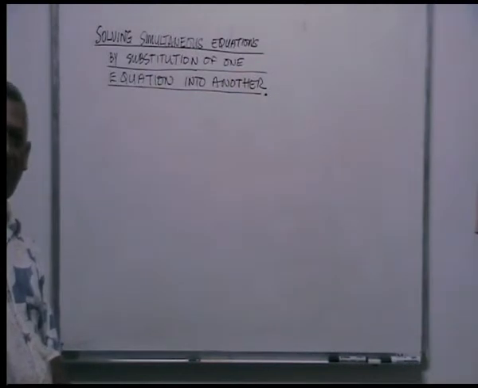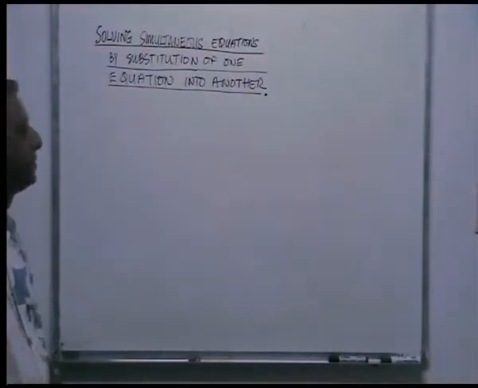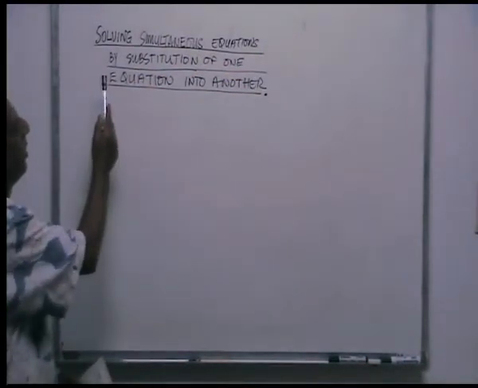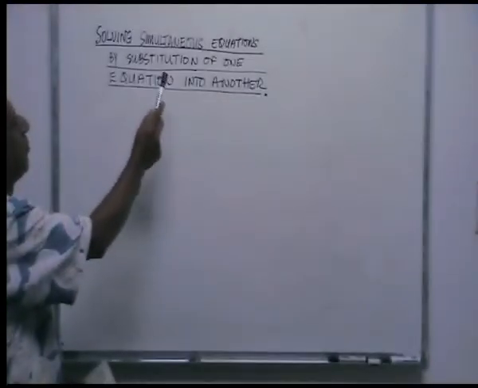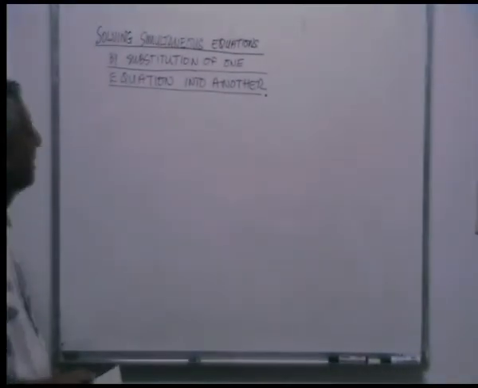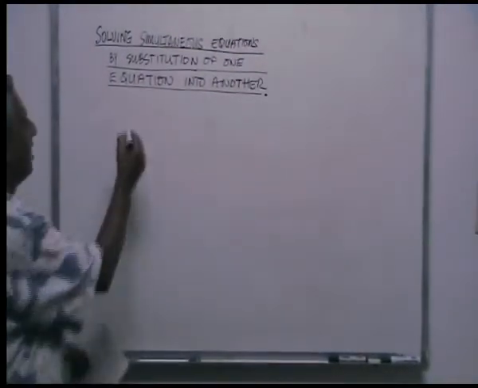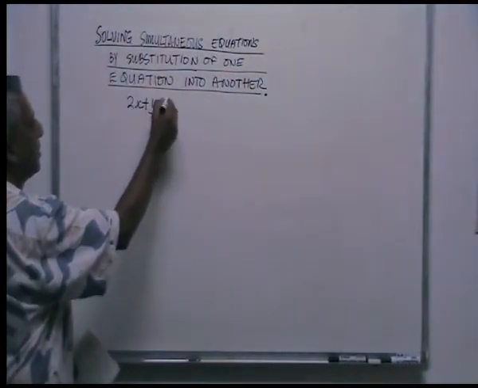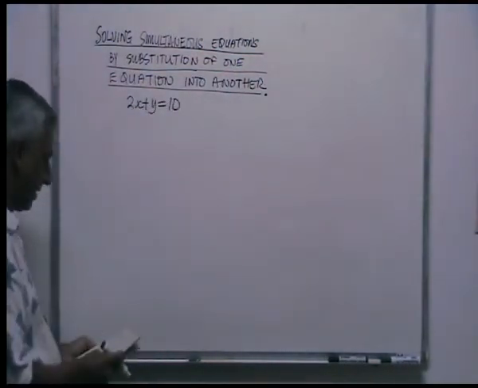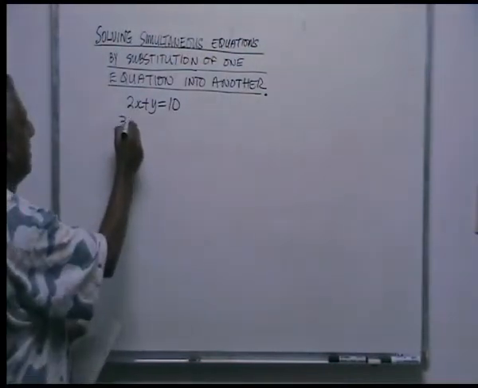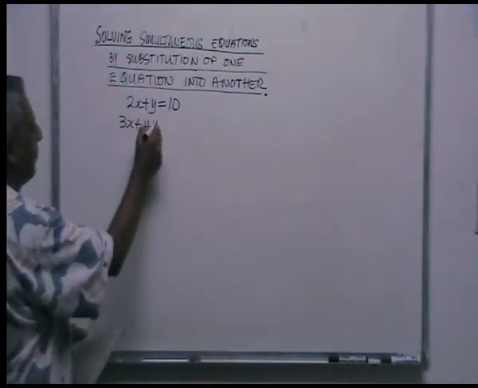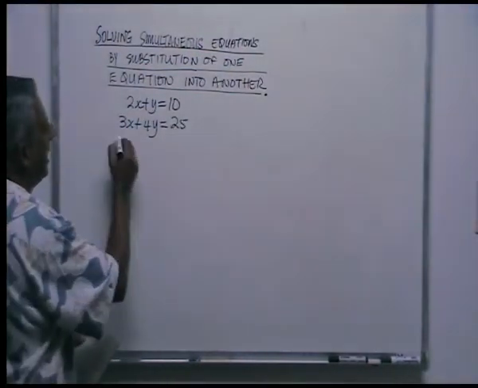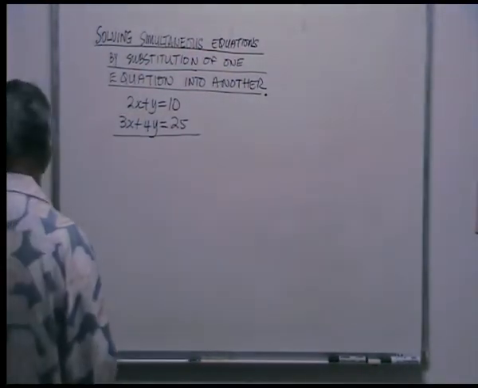Hello and welcome back. As we promised earlier, we're going to show you how to solve simultaneous equations by substitution of one equation into another. Let's say we have the example 2x plus y is equal to 10, and 3x plus 4y is equal to 25, and we want to solve this.